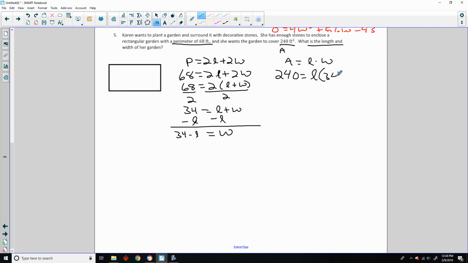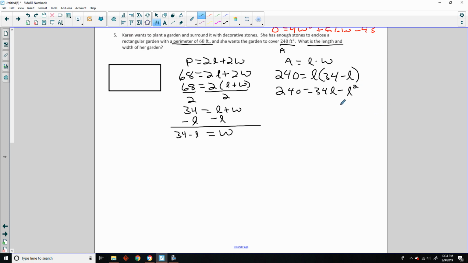This is a really tricky problem, but hopefully this makes sense to you. What we're trying to do here is get an equation in terms of one variable. We had two variables, L and W, but now we represent W in terms of L, so that W is gone. So now 240 equals L times 34, which is 34L, minus L times L, or L squared.